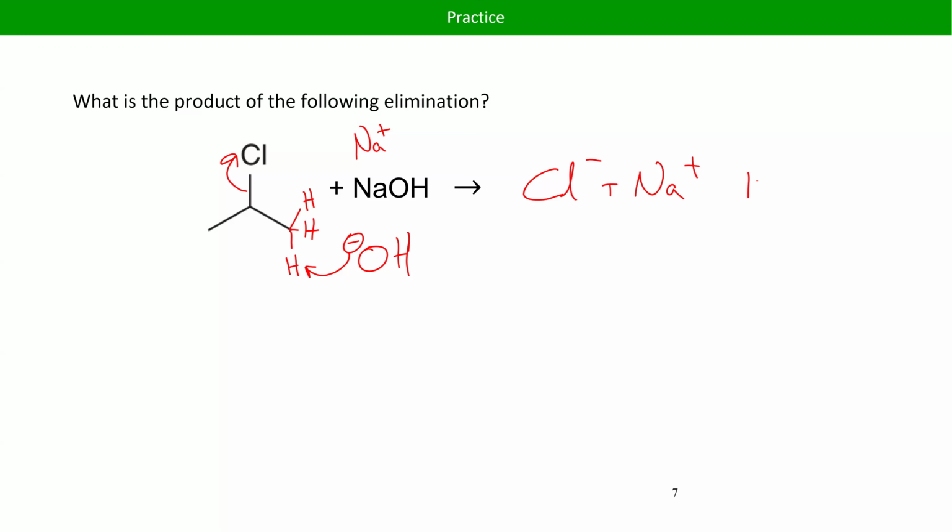So we're going to make a water molecule, and then what's left? When the chloride leaves and the hydroxide steals an H plus, the electrons that were part of the carbon-hydrogen bond move over to make a pi bond.